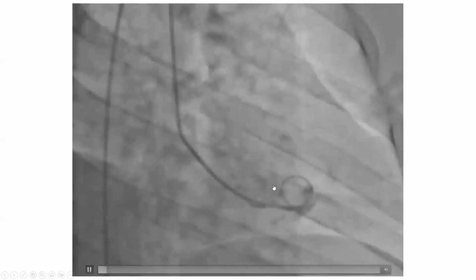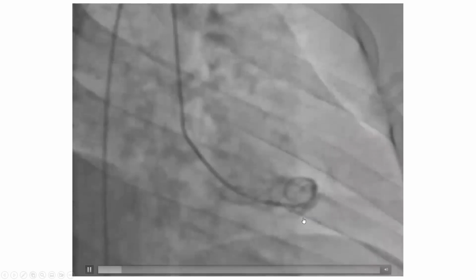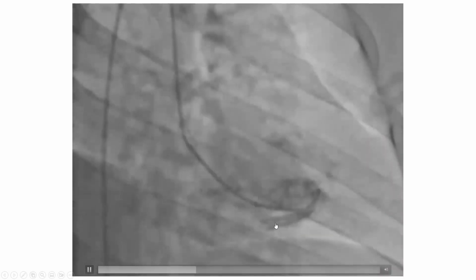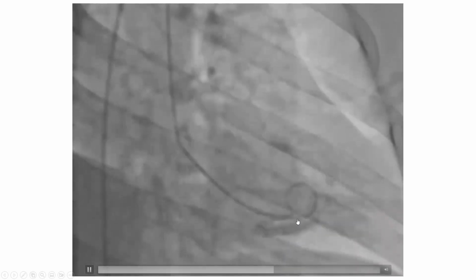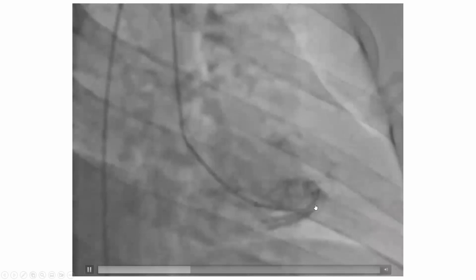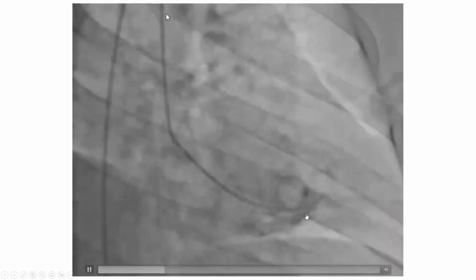So I'll go back. You can tell on this view, the anteroapex looks okay. There is specifically a mid-inferior akinesis. It's actually a mid-inferior aneurysm. That's why you see dye stain. It takes a while for the dye to clear. It's bulging in both systole and diastole. That's what an aneurysm is. It's a small mid-inferior aneurysm.